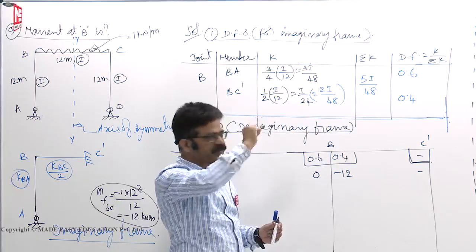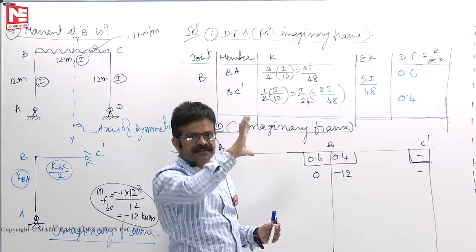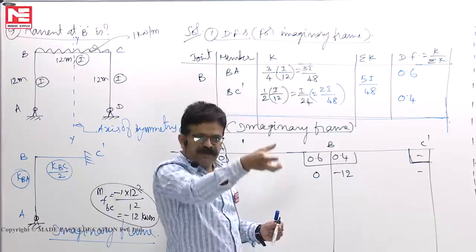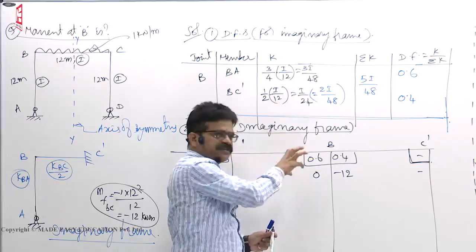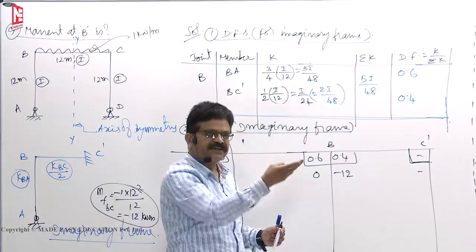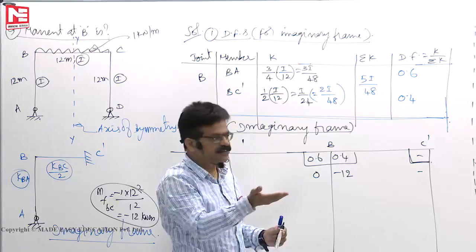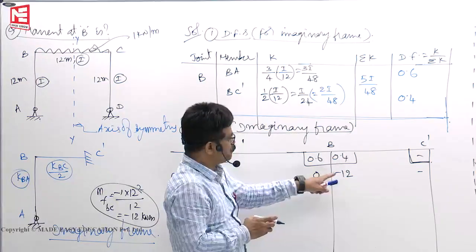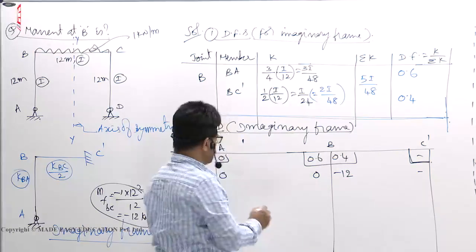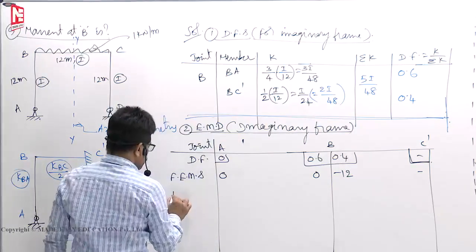Then now you release B, it is not fixed, so release it. That means plus 12. When you apply plus 12 on that joint B, that will get distributed, that will be shared by two members in the ratio of their distribution factors. So, plus 12 into 0.6, plus 7.2, that is called balance.